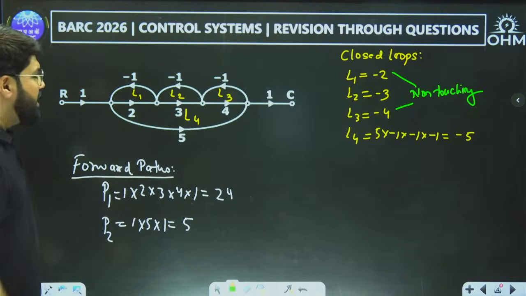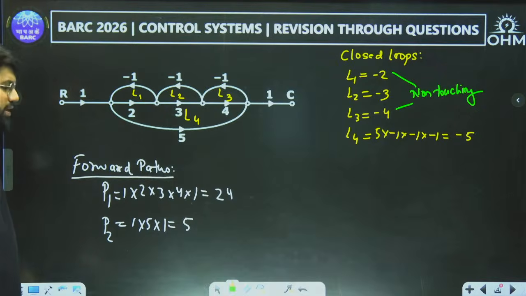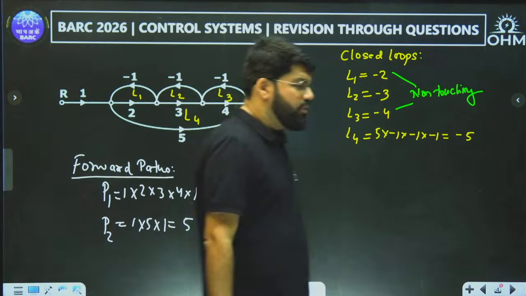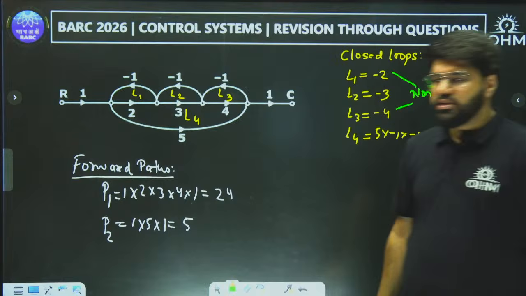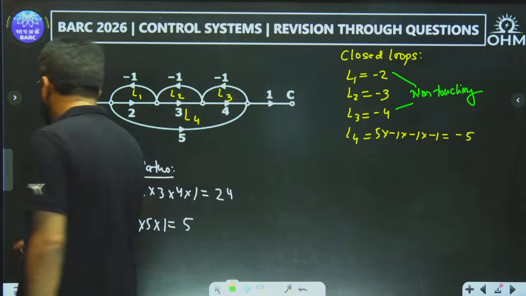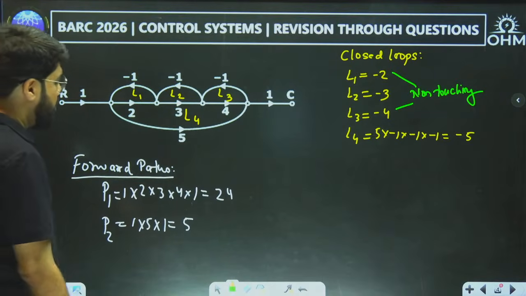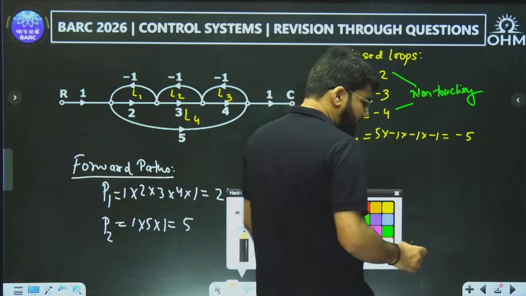Now if they are non-touching, we know what to do in the graph determinant. So let me write down that graph determinant now.